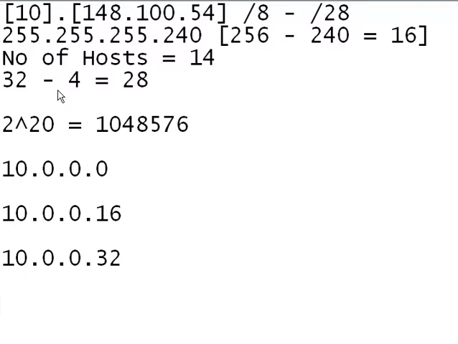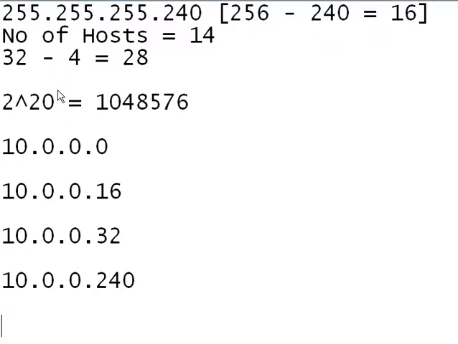When it reaches 10.0.0.240, next it will not be 10.0.0.256 because the maximum is 255.